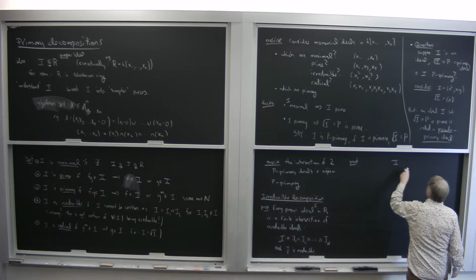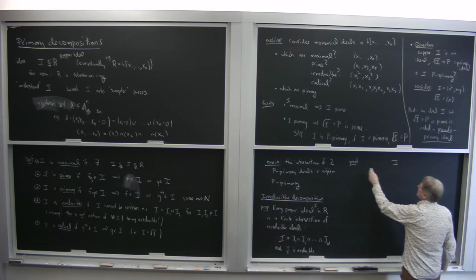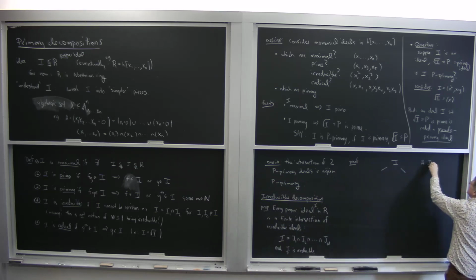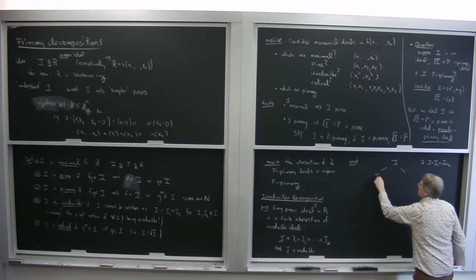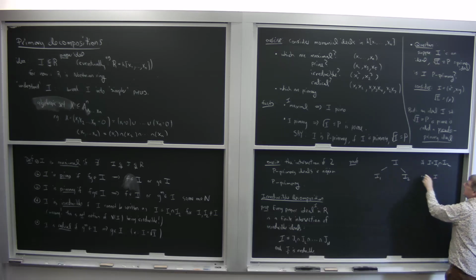So if I have I, it is either irreducible or it's not, right? Suppose it's not irreducible. This is going to be a schematic. If it's not irreducible, if I is equal to I1 intersect I2, then I'm going to write this I1 here and I2 here. And this line means that I, the one above it, is equal to the intersection of these two.